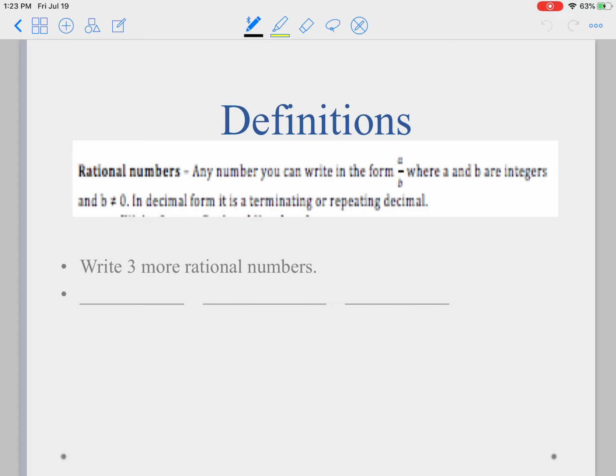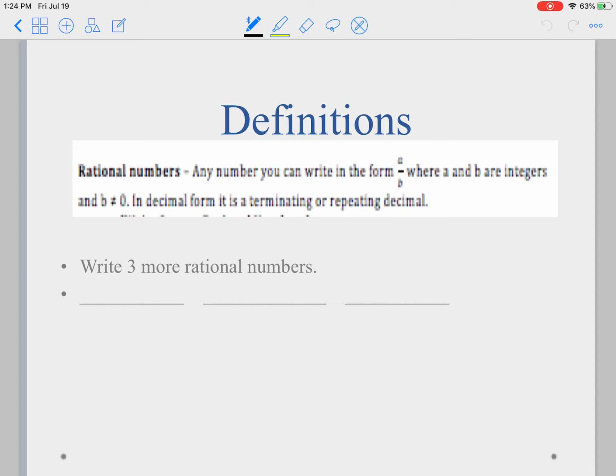Our fourth definition or classification of a real number includes rational numbers. Rational numbers are a little less straightforward than our natural, whole, and integers. However, they do have a very distinct qualification that allows them to be classified as a rational number.